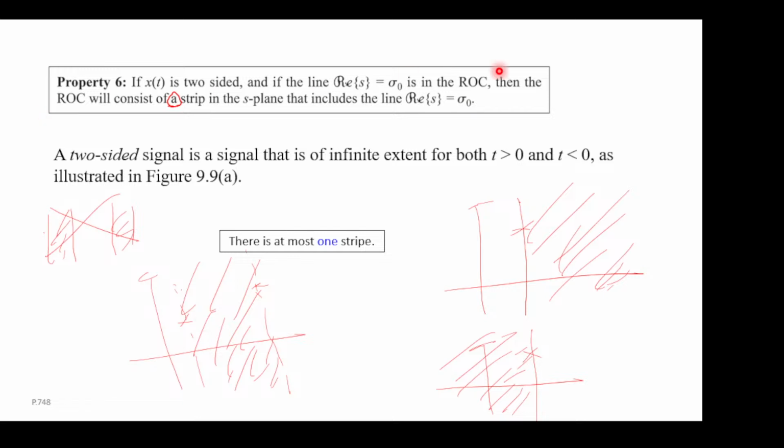If something is in your ROC, then your ROC will obviously contain this sigma 0. But really, what it says is, we say ROC is a collection of sigma, but this really says your sigma can only form one interval as your ROC. So you cannot have multiple strips. Only one strip can be your ROC.